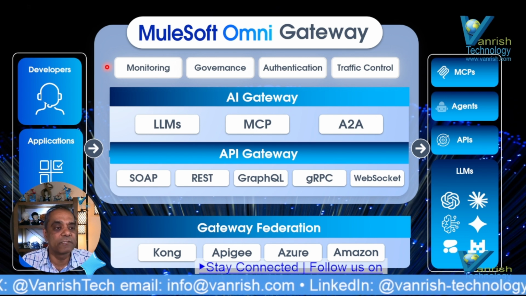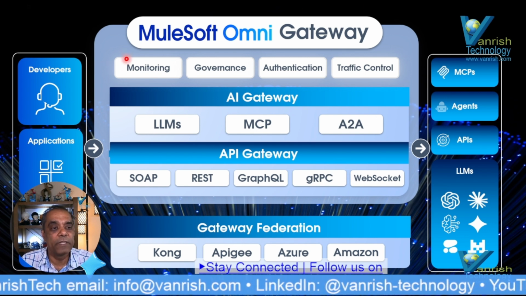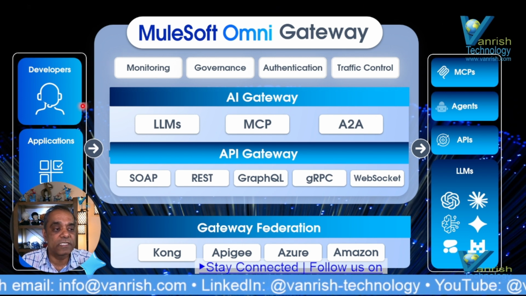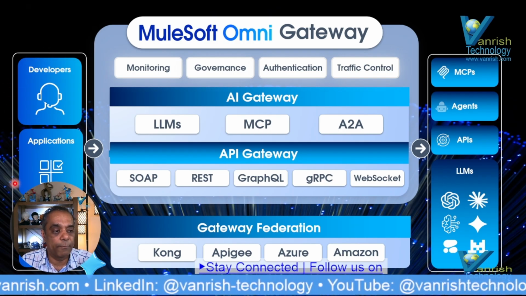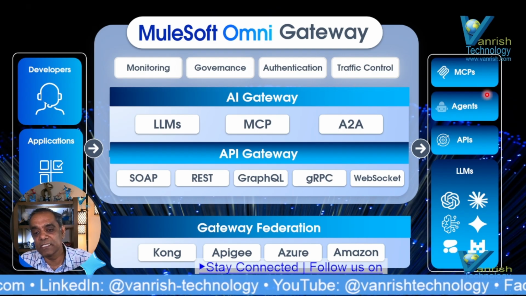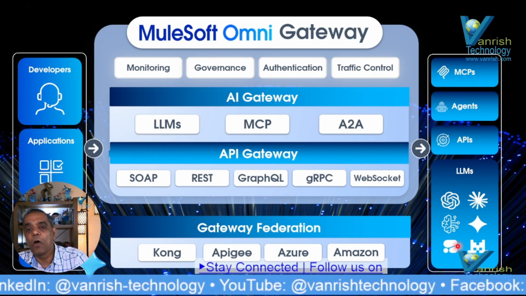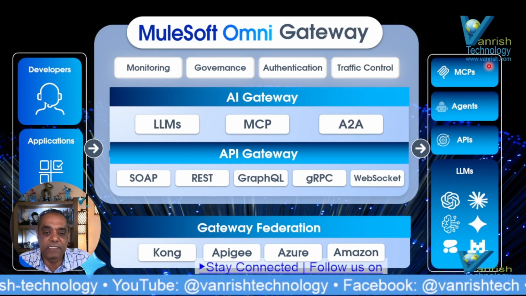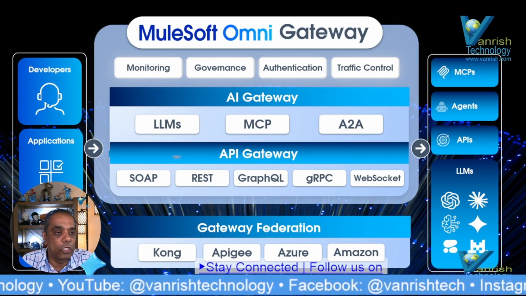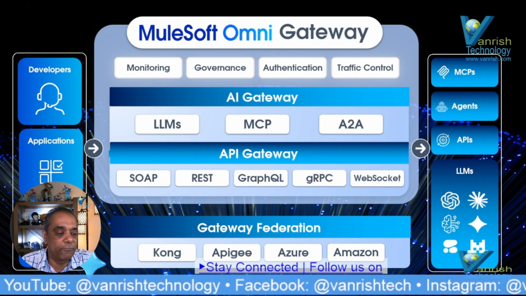Everything is controlled through the MuleSoft Omni Gateway. And who is getting help? The developer, the application, and the agent, and on the right-hand side, MCP, agent, API, and LLM all benefit from this whole ecosystem of MuleSoft Omni Gateway.